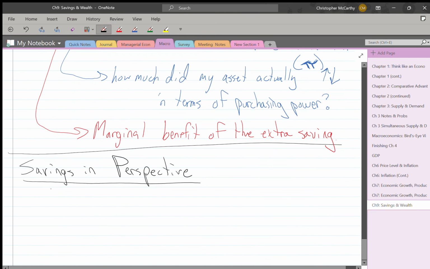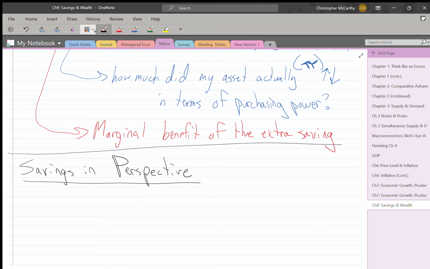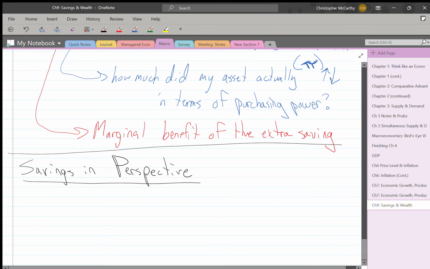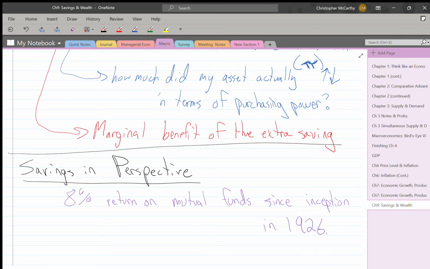So those mutual funds, those things that I was telling you about, a broad assortment of stocks and bonds and things like that, they've had an 8% return since their inception in 1926. So pretty good bet in terms of the long-term return. We've got 100 years of data supporting it, right?